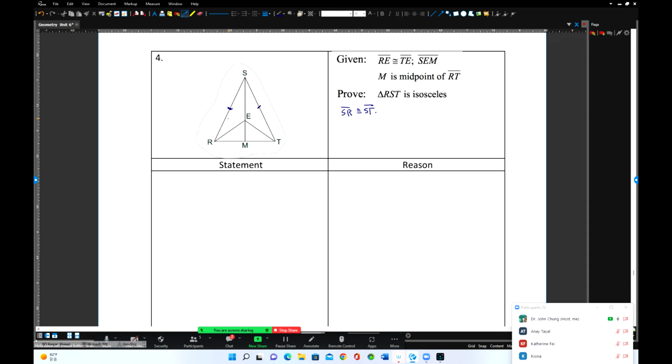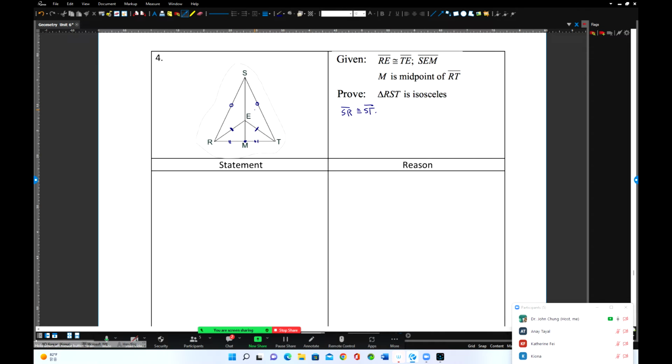But it's not given over here. They said the only given is RE congruent TE inside. Okay, and the SEM, there is a straight line. M is the midpoint, means what? These two sides are equal. Okay, but how can you prove these two sides congruent?